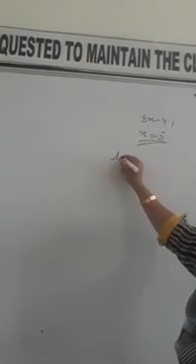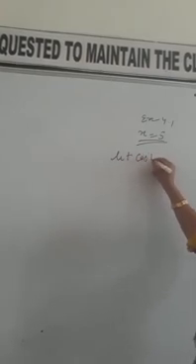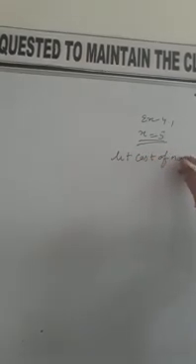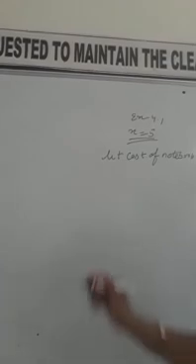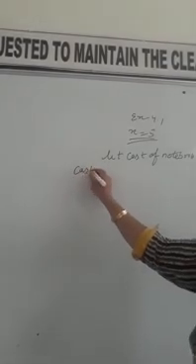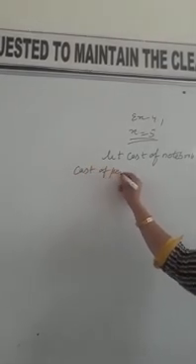Firstly, we will let the cost of a notebook be x. Then we will take the cost of a pen as y. Now according to the question, the cost of a notebook is twice the cost of a pen.